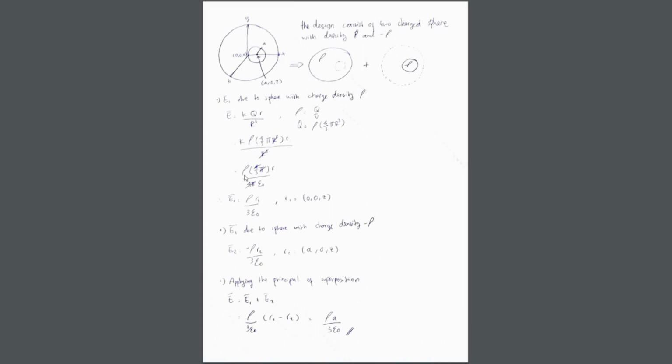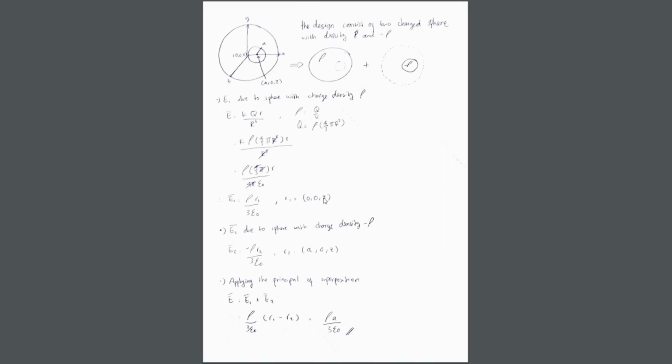So we get E is equal to rho times 4 over 3 pi times R over 4 pi epsilon. We can cancel out the 4 pi with the 4 pi so that we get E is equal to rho times R over 3 epsilon. So this is the electric field for the first charge.